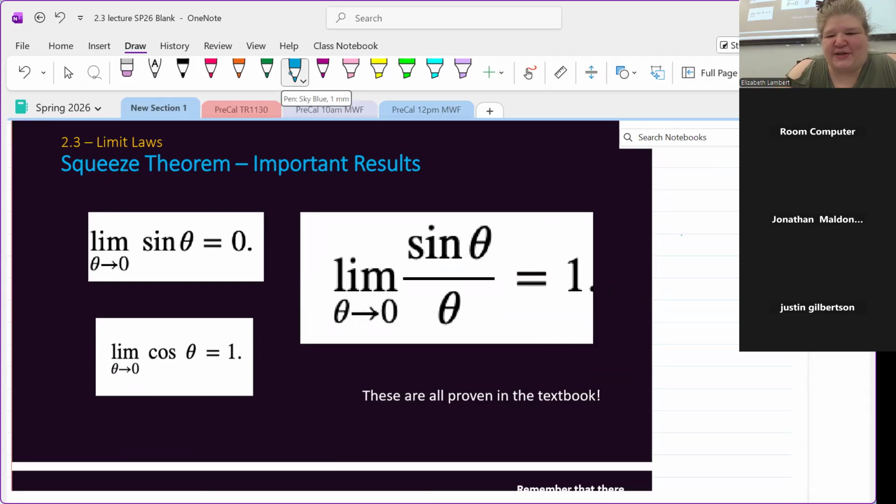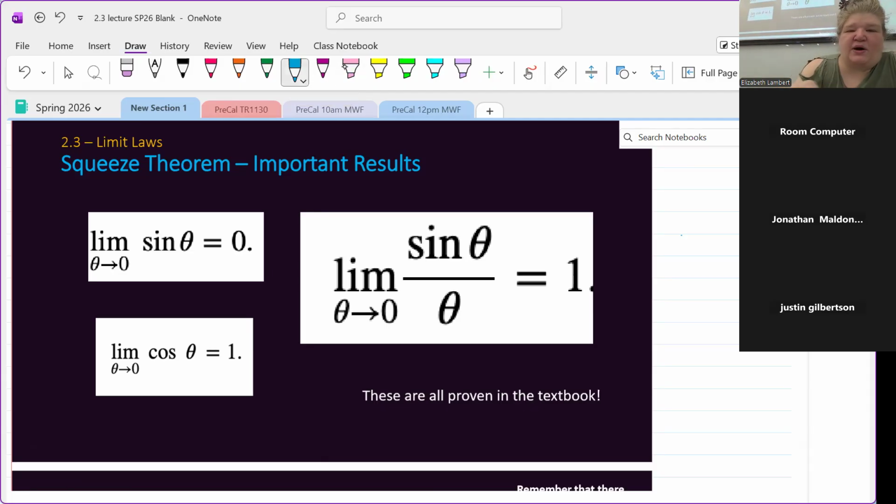Then we get this weird limit, sine theta over theta. The limit as theta approaches 0 of sine theta is 0. The limit as theta approaches 0 of theta is 0. But the quotient of these two actually equals 1. These two values are getting closer and closer to 0 at exactly the same rate, so the quotient of them actually divides out to be 1.